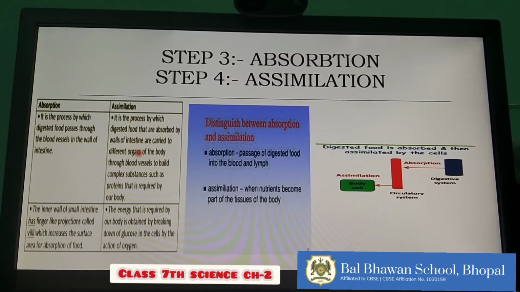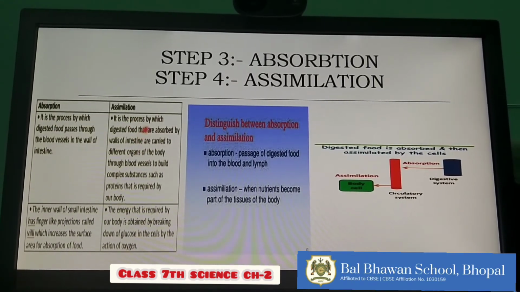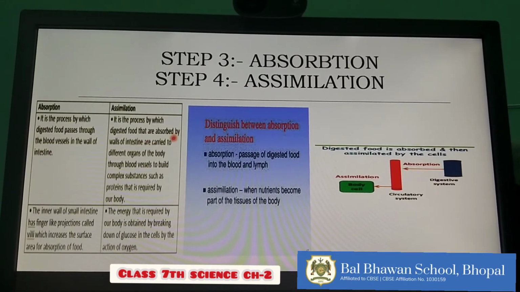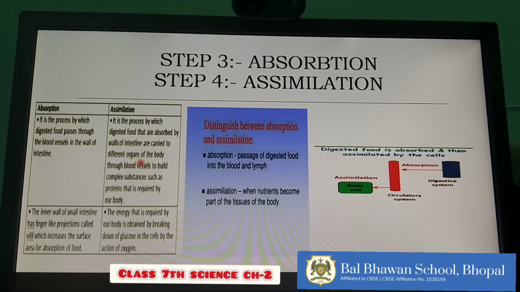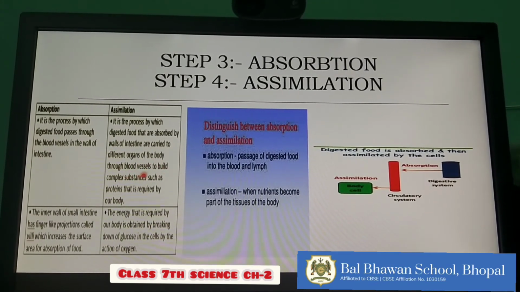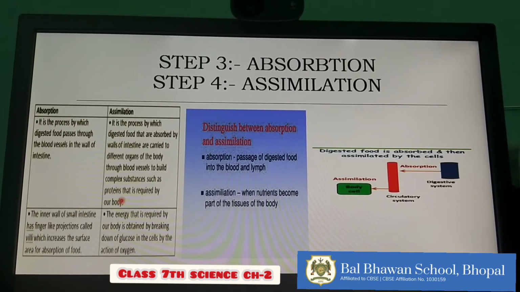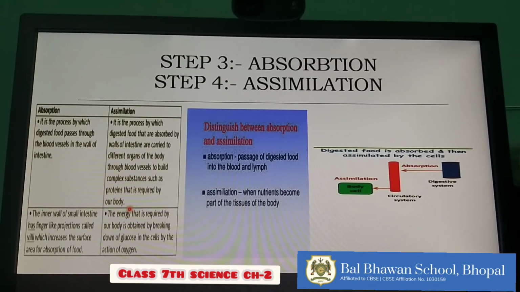Now coming to assimilation. It is the process where digested food which is already absorbed by the walls of the intestine is carried to different organs of the body through blood vessels so as to build complex substances such as protein, which is required by our body.